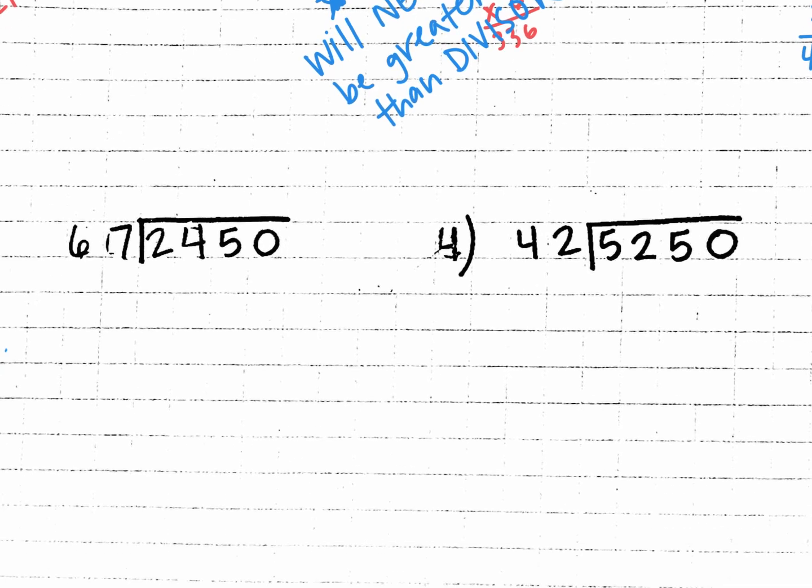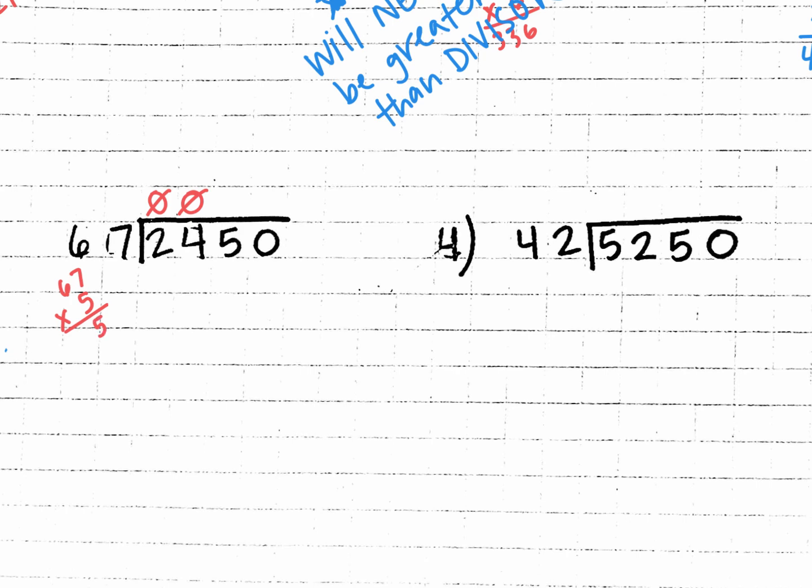Oh, goodness. Okay, 67. What do I put above the 2? A 0. What do I put above the 4? A 0. I don't know how many times 67 goes into 245 yet, but I'm going to try 67 times 5, because compatible numbers are confusing to me right now.